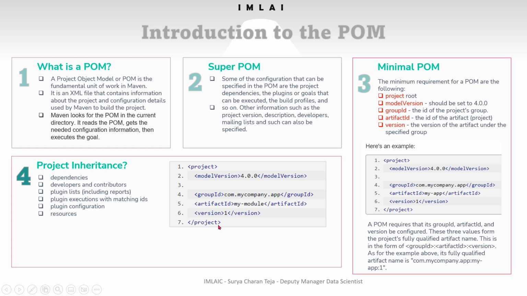By and large, you're using the same thing with a slight modification. So that's what it can inherit. It can inherit the format. It can inherit the existing tags of the minimal POM. So here you can see the project tag is the main tag, and inside that you have subtags: model version, group ID, artifact ID, and version.